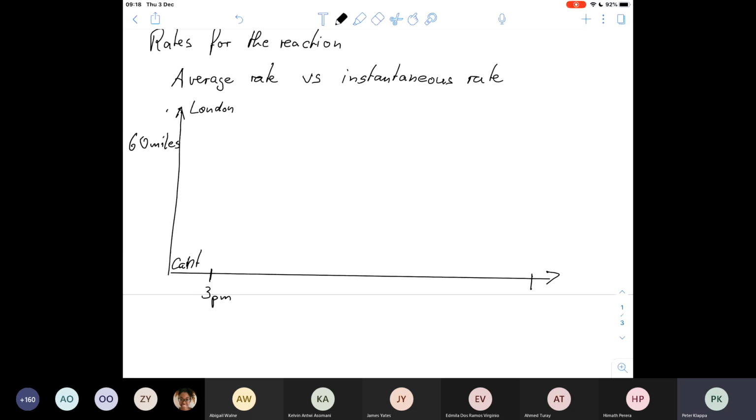It depends on where in London, obviously. So it would be from 3 p.m. to 5 p.m. And so let's see how we get there and what our speed is.